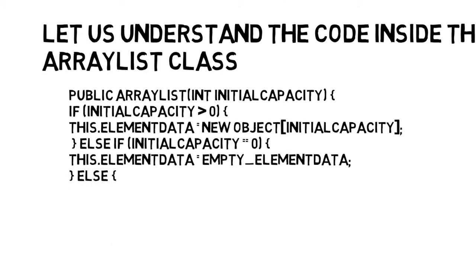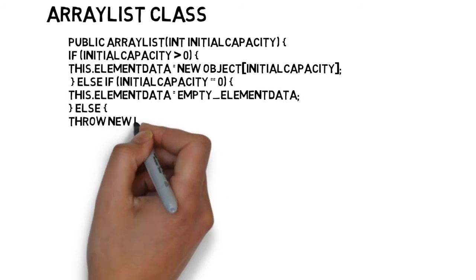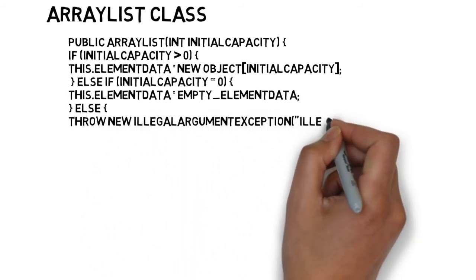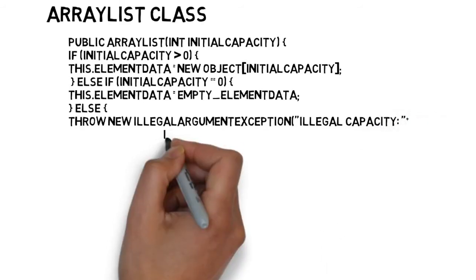Else if initialCapacity equals 0, this.elementData equals EMPTY_ELEMENTDATA. Else throw new IllegalArgumentException("Illegal Capacity: " + initialCapacity).